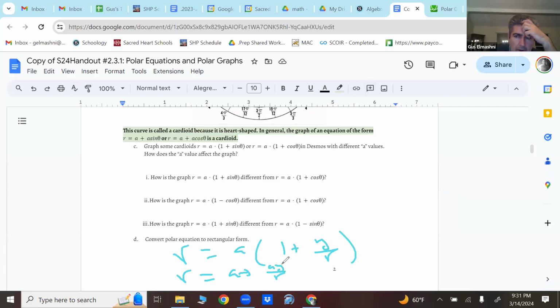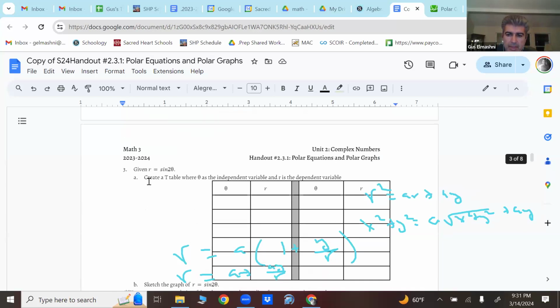Multiply both sides by r. r squared is x squared plus y squared. That's root x squared plus y squared. Not sure how much we have to simplify that one.